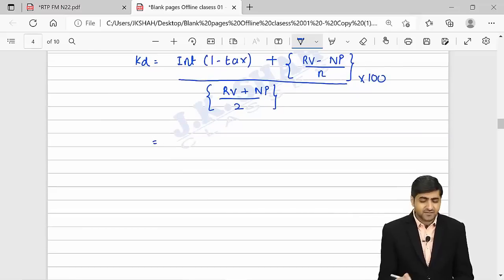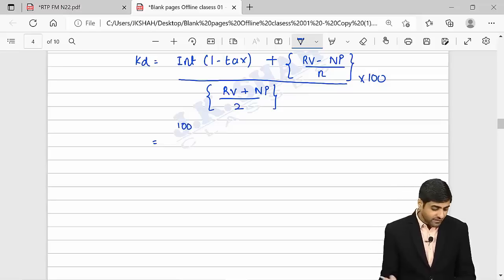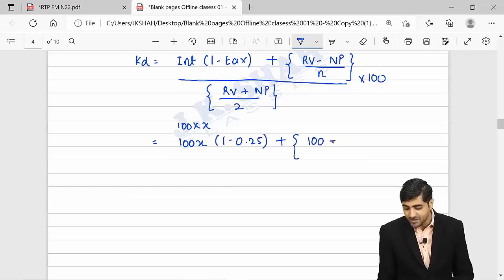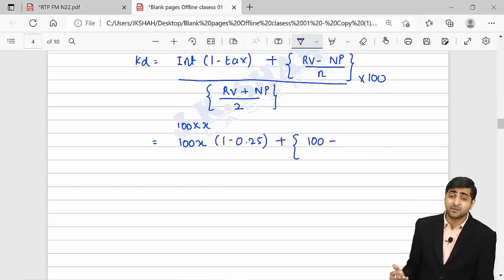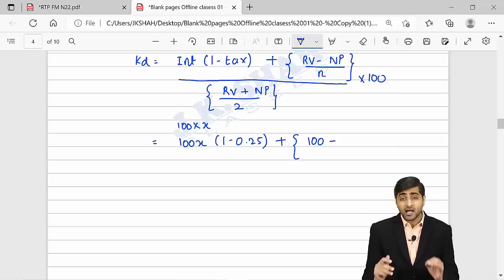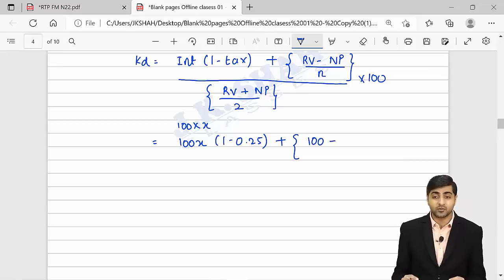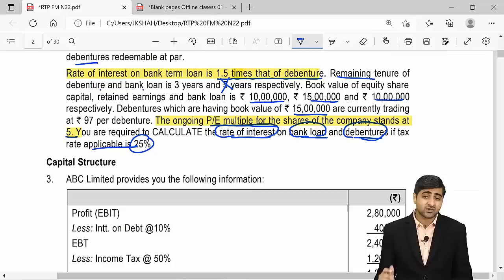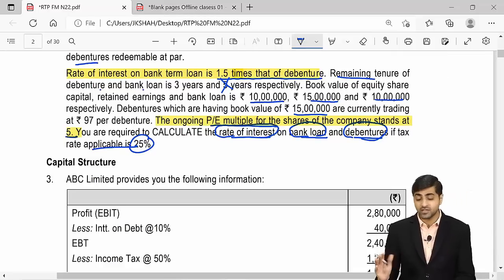So guys, let the face value of the debenture be 100 rupees, and then we have considered the rate of interest to be x. So 100 into x, so your interest will be 100x and your tax rate is 25%, plus your redemption is happening at par because they specifically mentioned redeemable at par. But now the question arises, what should be your net proceeds? So guys, do we have the market price of the debenture available, yes or no? Yes sir.